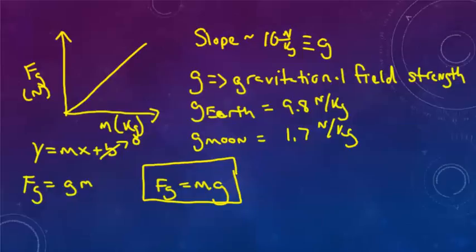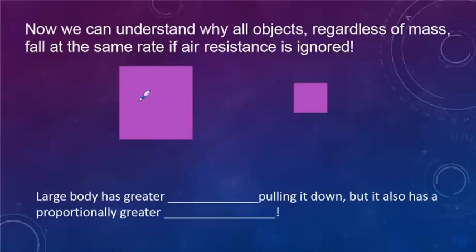So this actually answers a lot of questions, okay? Specifically of why all objects, regardless of mass, accelerate at the same rate, okay, if air resistance is ignored.